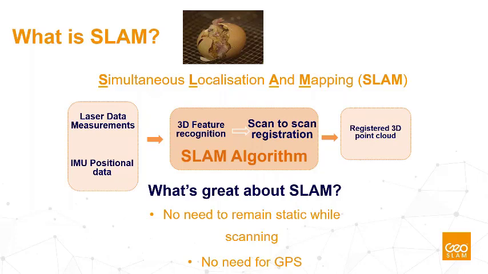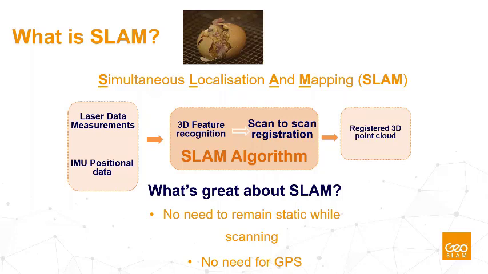How we do it is by a combination of the laser data measurements done by handheld LiDAR, and this device also carries in itself an inertial system, an IMU, taking care of the positional data.